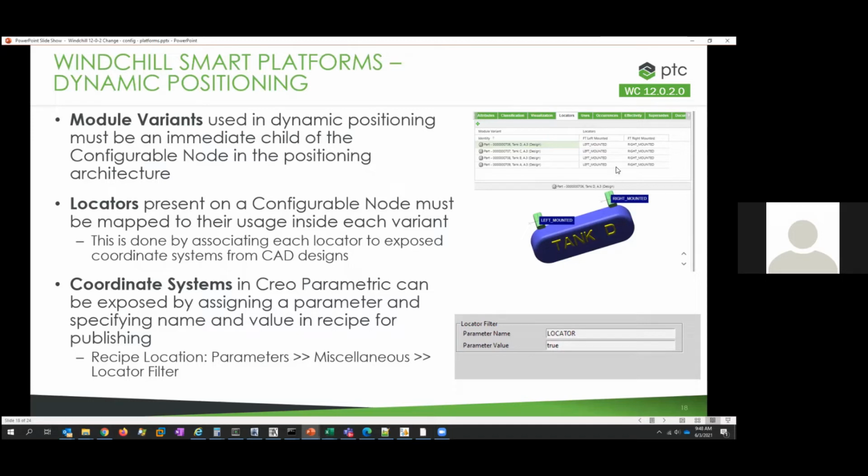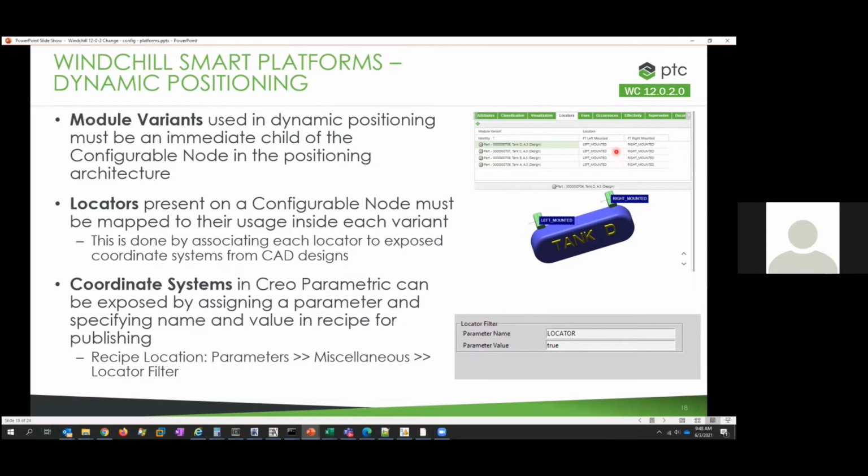In this case, for design consistency, each of these module variants had a coordinate system called left mounted and a coordinate system called right mounted, but each module variant placed that coordinate system differently based on the shape or the actual CAD design.